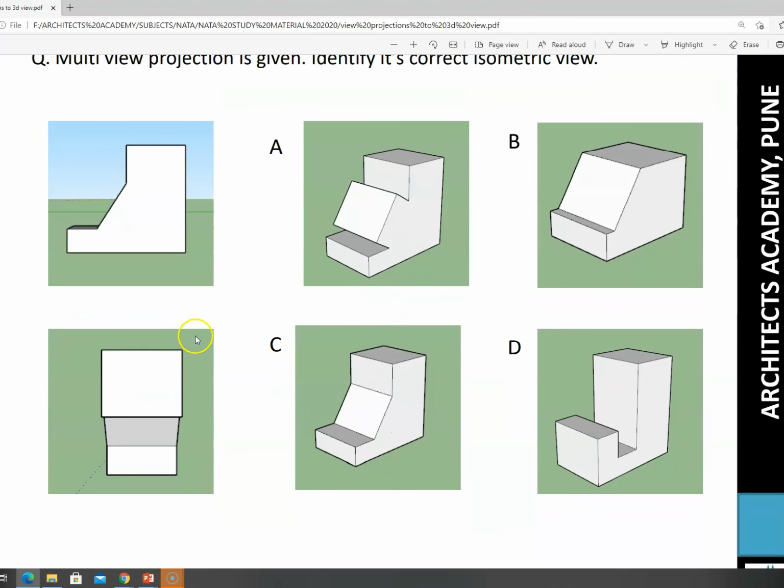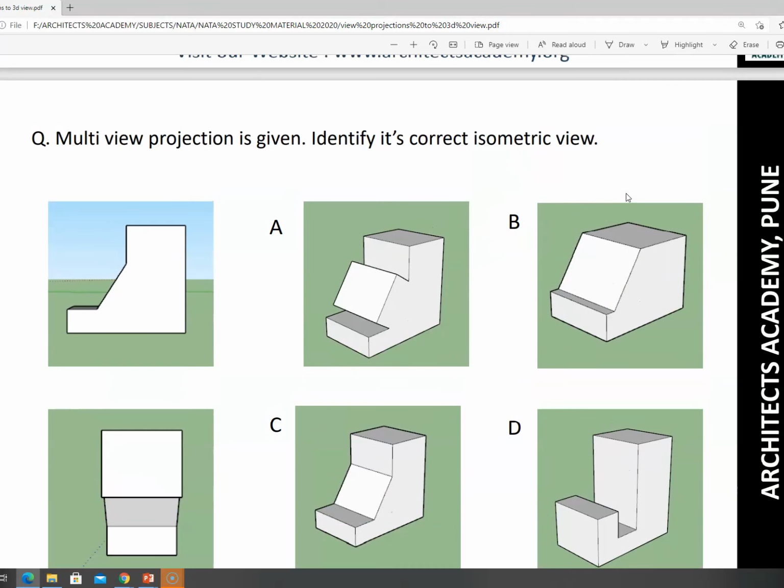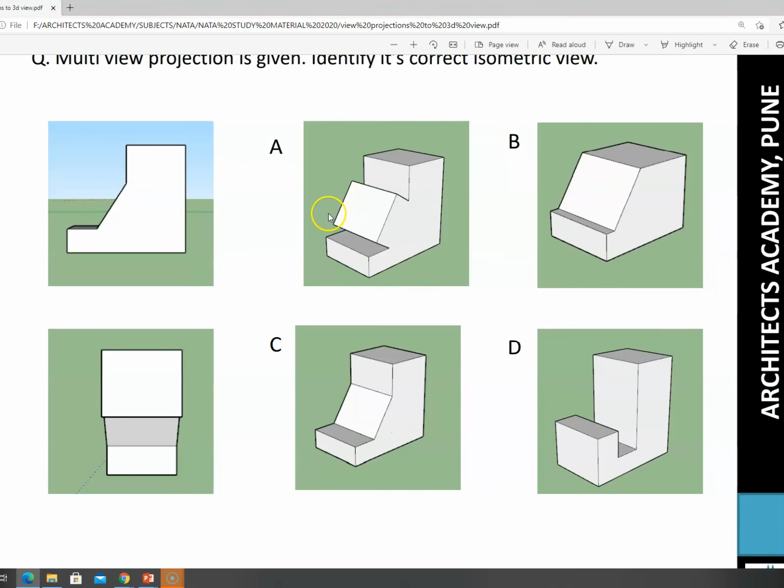Now if you see this, try to identify. Can you tell me which will be the correct option in this case? He is saying A. C. Correct. C is right. So why is C right?